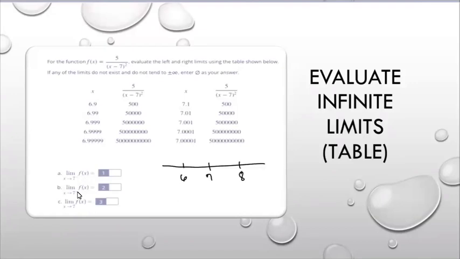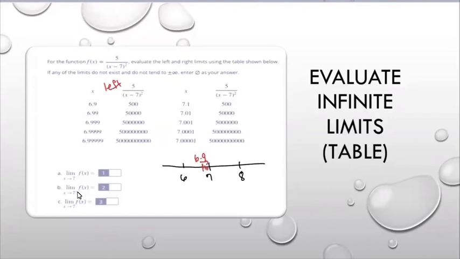So when you think about direction, 6.9 is right here, and that's the left. So it's approaching from the left: 6.9, 6.99, 6.999. So I'm approaching 7 from the left.